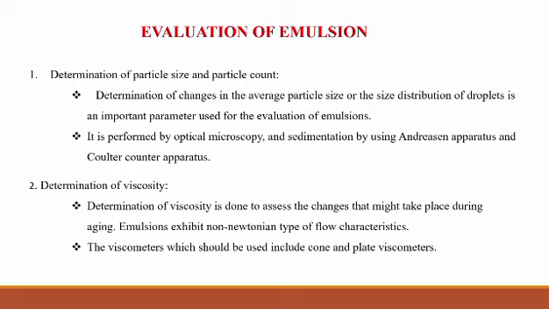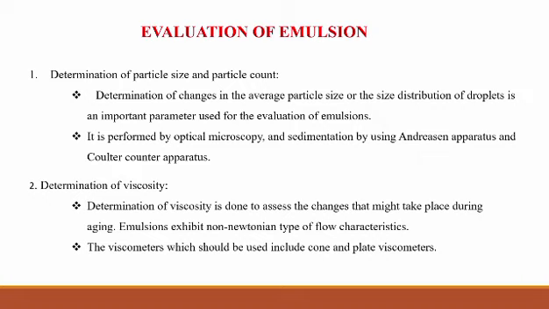So determination of the changes in the average particle size and the size distribution of the droplets is a very important parameter for the evaluation of emulsions. When there is a deviation from the standard values, the emulsion has to be rejected.